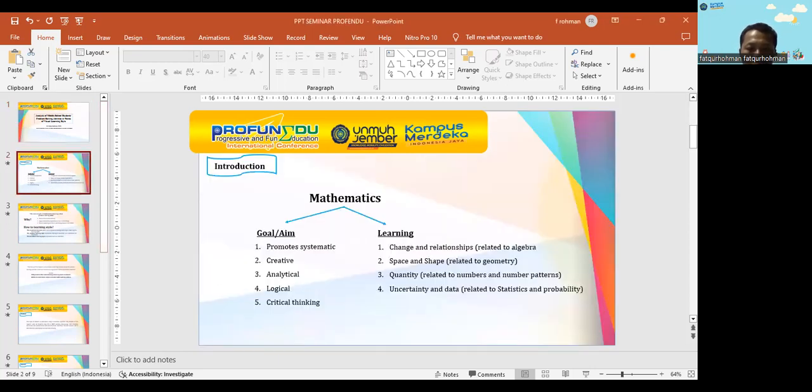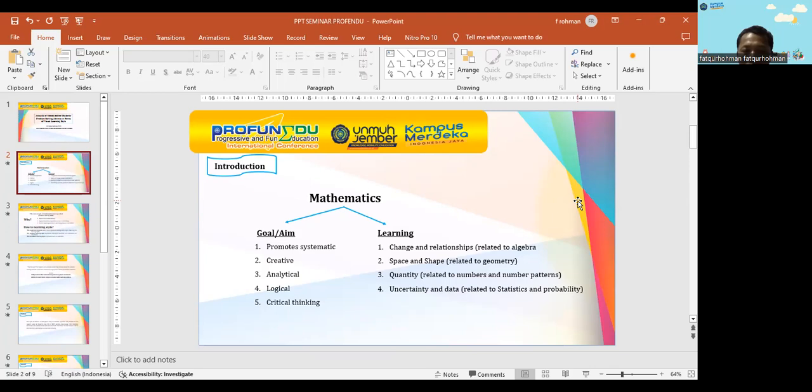Mathematics consists of two sides, namely objectives and learning. The objective, or goal, is to promote systematic, creative, analytical, logical, and critical thinking.